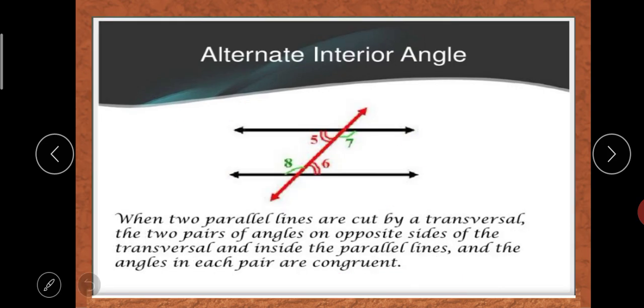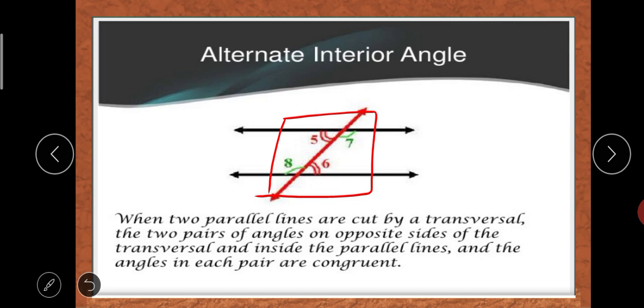Next, the alternate interior angles. Alternate means, you know that, and interior means inside. So when two parallel lines are cut by a transversal, the two pairs of angles on opposite sides of the transversal and inside the parallel lines, and the angles in each pair are congruent. Now with the color, it is shown that these four angles, which are formed inside the parallel lines, are called interior angles.